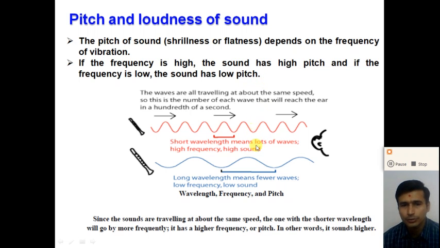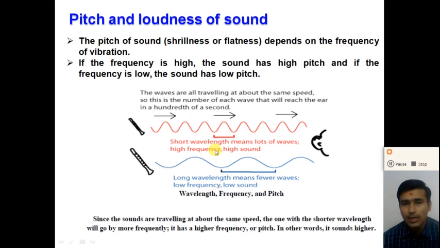So here two waves are given to you. One has a shorter wavelength and another has a larger wavelength, and the pitch frequency of the wave is also given to you. The waves are traveling at about the same speed. So this is the number of each wave that will reach the ear in a hundredth of a second, right? Here the shorter wavelength means lots of waves.